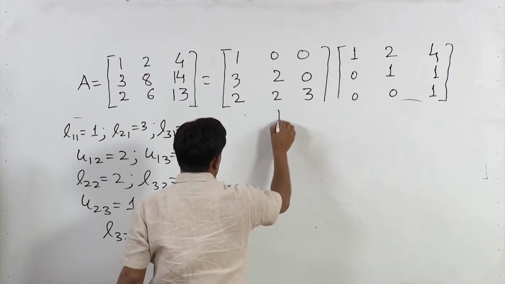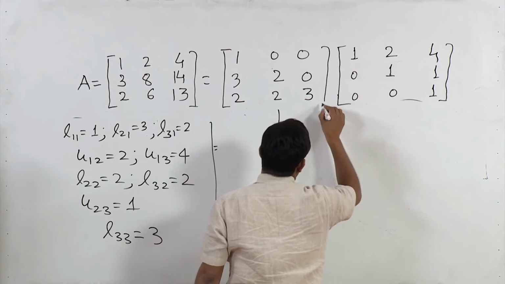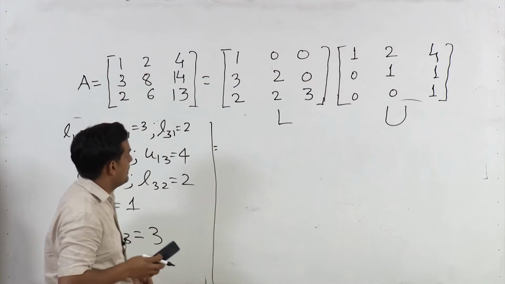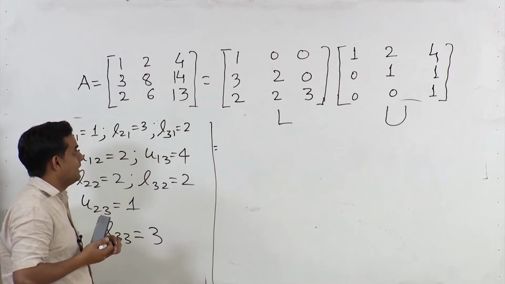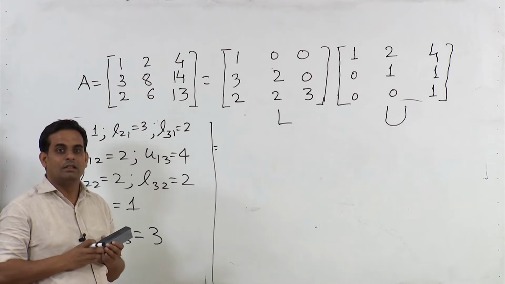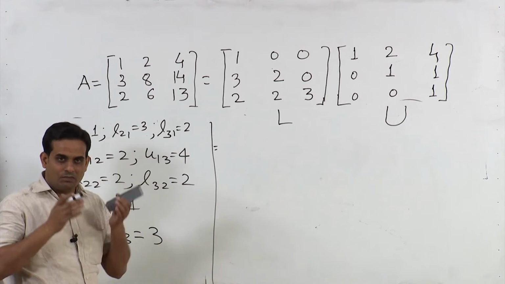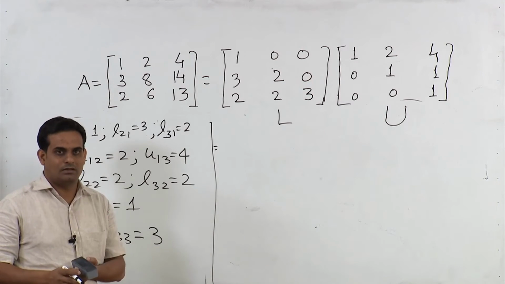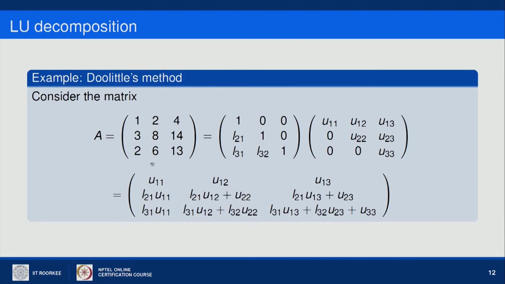So hence this is an example of LU decomposition of a given matrix A when the diagonal entries of the upper triangular matrix are 1. So this is the example of Crout's method.